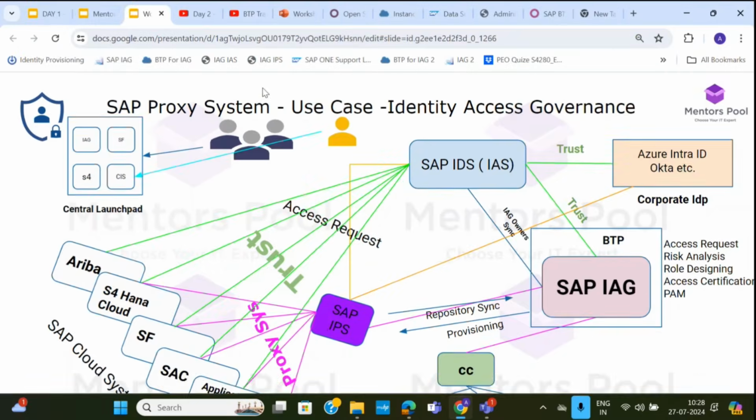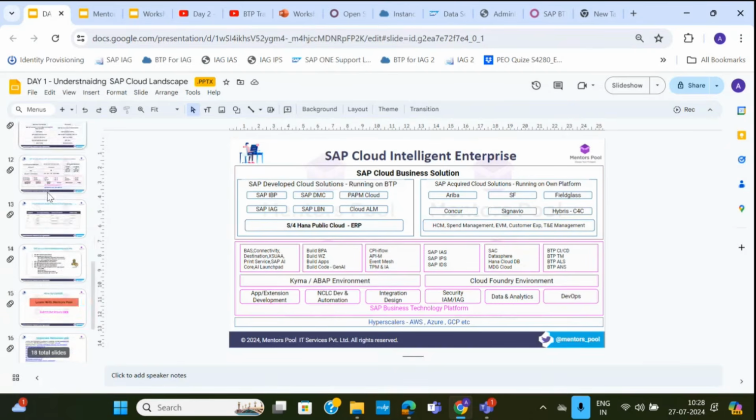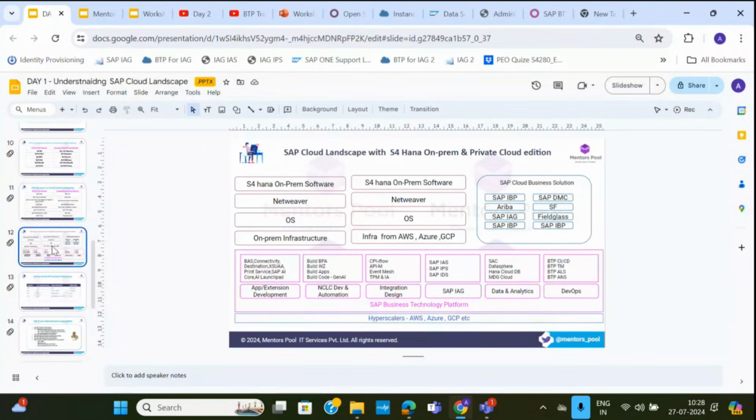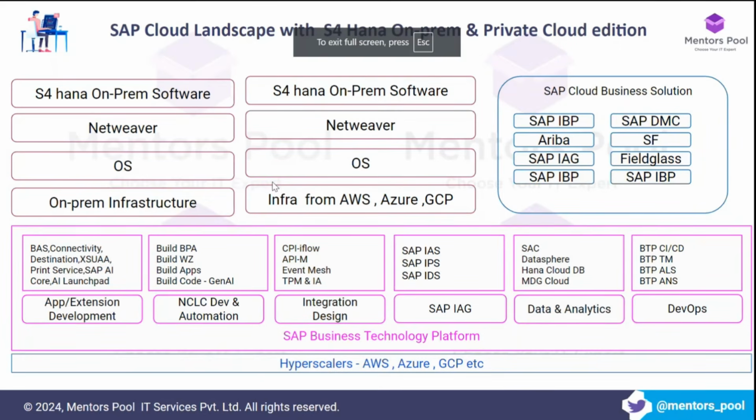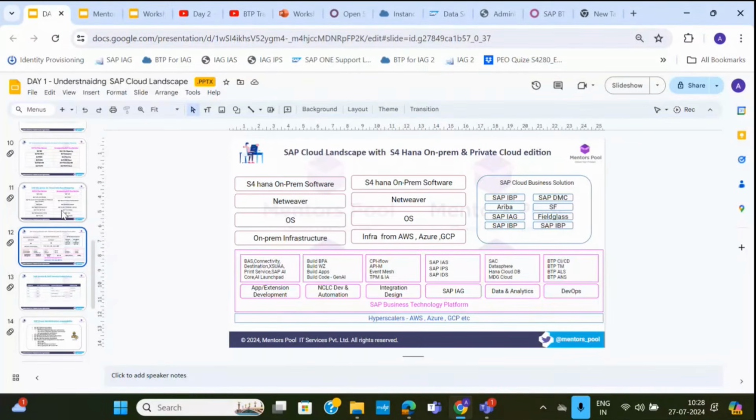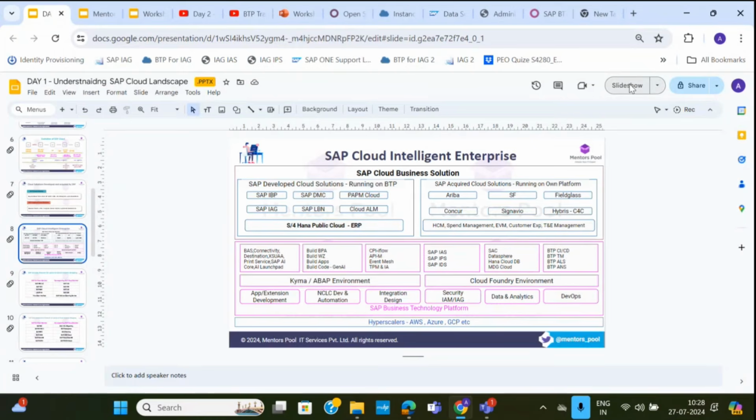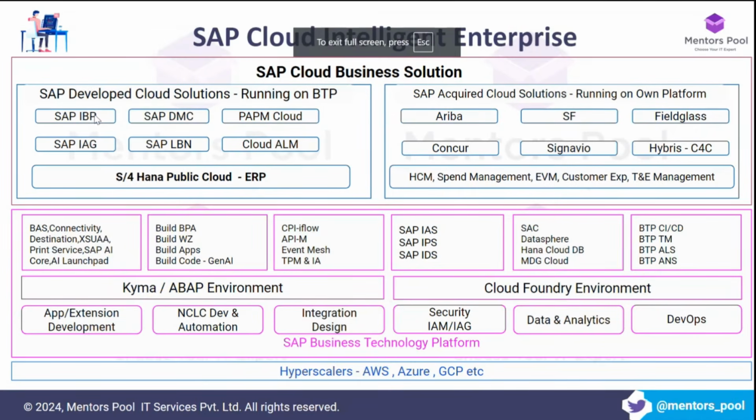And you know how many solutions are coming in the cloud, right? I already told you how everything is going to be on the cloud. S/4HANA Cloud, public cloud, you cannot get rid of IAG. Many solutions you have, and I have just mentioned some: IBP, Digital Manufacturing Cloud, PAPM Cloud, LBN Cloud, LM, Ariba, SuccessFactors, Fieldglass, Concur, Signavio, Hybrid.